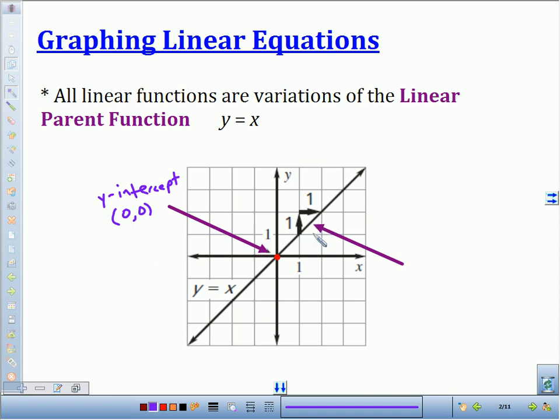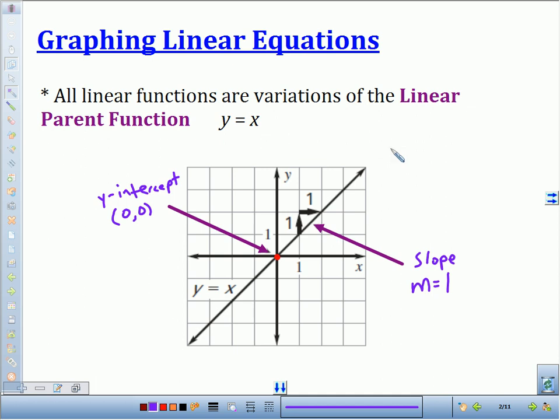Now, the other thing we should be able to see here is that the slope, the rise over run, is 1 over 1. So the slope of the parent function is 1. M equals 1. These are the basic pieces of information that we need for lines.